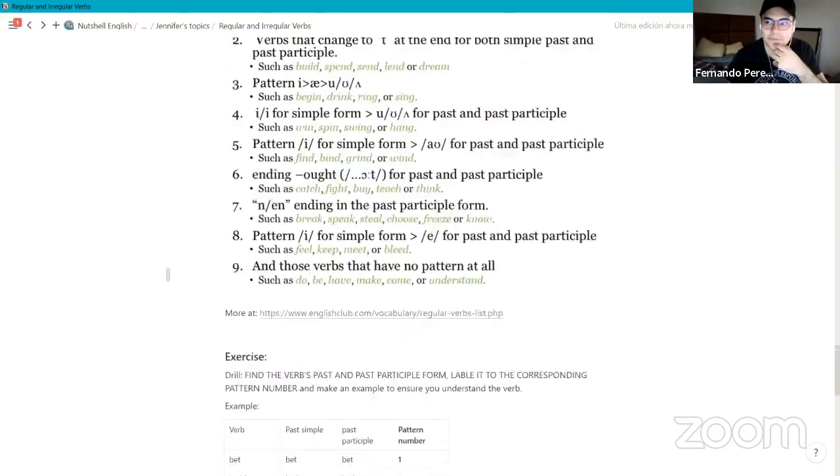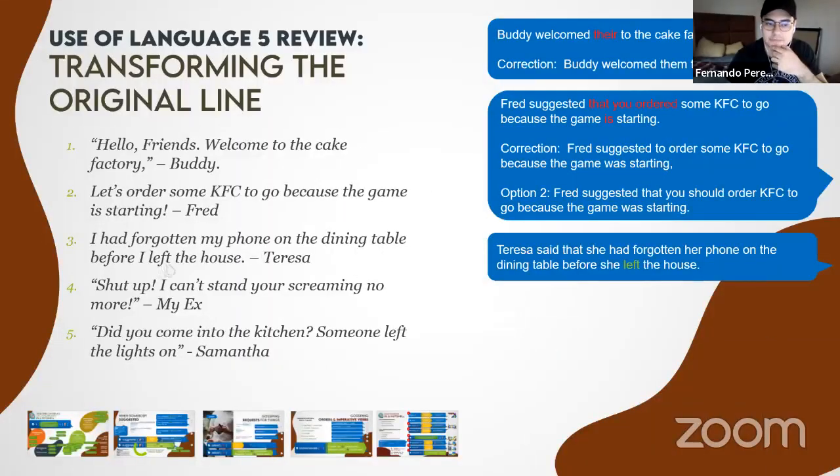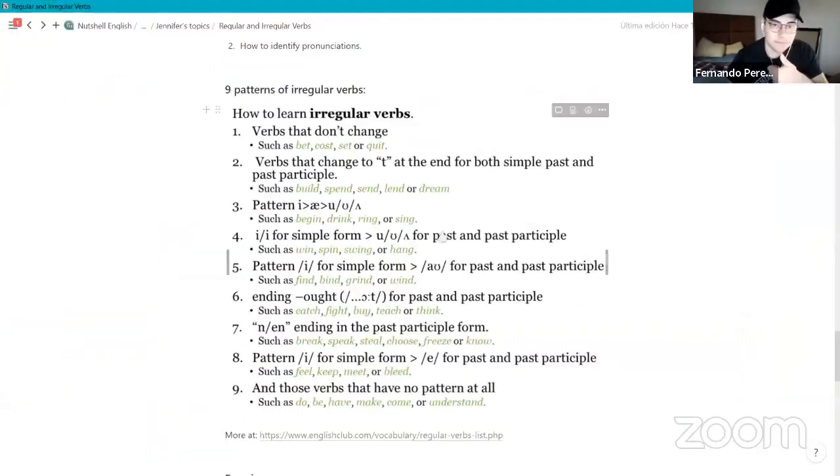So for example, you have the verb left. What is the meaning of left? First, you need to, number 1, remember the meaning.